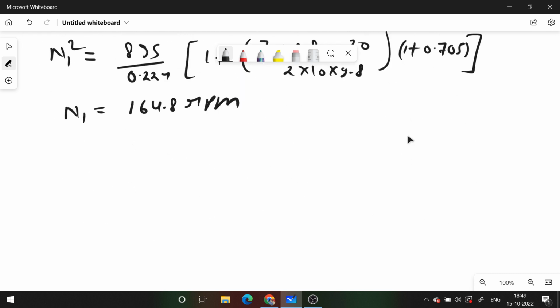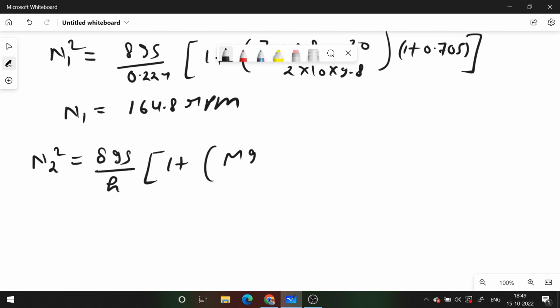Similarly, when the sleeve moves upwards, in that case frictional force will be acting in downward direction, in the direction of the weight applying. So N2 square will be equal to 895 upon h, 1 plus capital Mg plus friction force divided by 2 into small mg, 1 plus k. Okay.